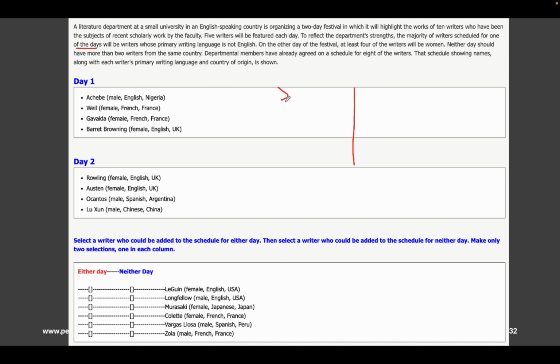So that means at least greater than 2 writers will be English. And on the other day of the festival, at least 4 would be women. And neither day should have more than 2 writers from the same country.